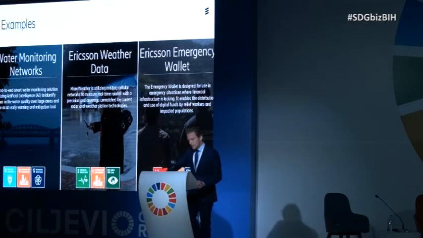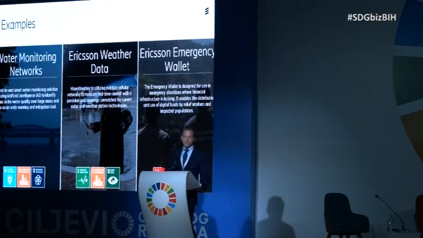In the middle, we have a solution that we're looking into that's really interesting, called Ericsson weather data. And that is basically monitoring and measuring rainfall. And why do you need rainfall monitoring? We know how the weather is. Basically, we have radar stations. We know when it rains. Or why is it interesting to know when it rains?